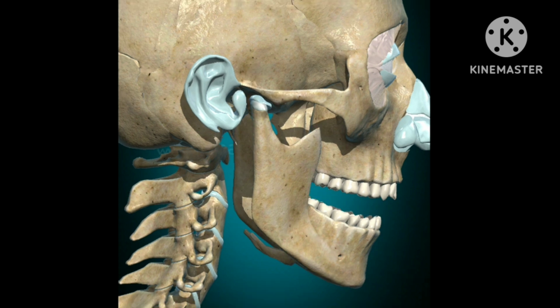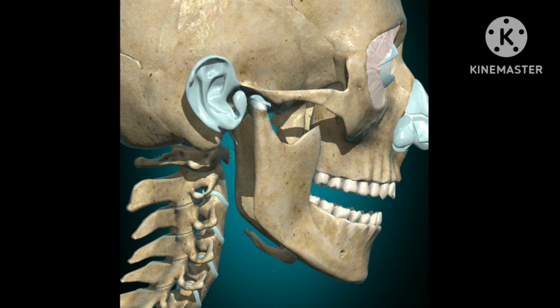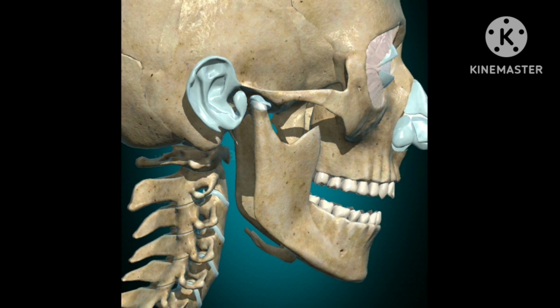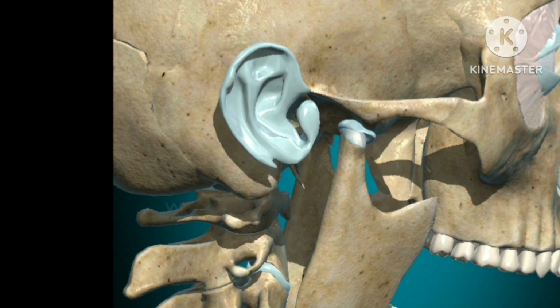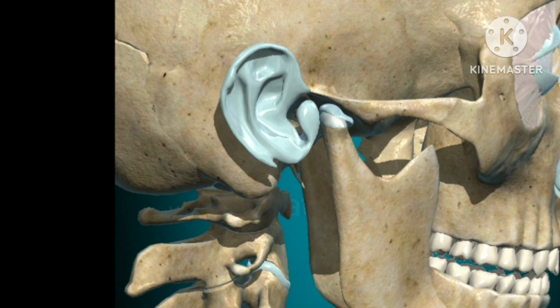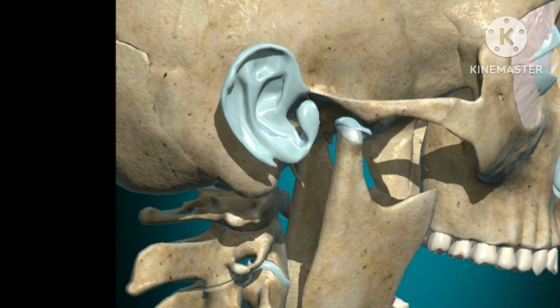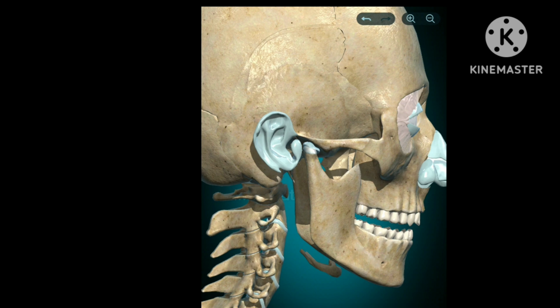After that, whenever the patient tries to open the mouth beyond 22 mm, here we can see the translatory movement, that is the condyle is moving down along the slope of the articular eminence. We can see the downward type of movement. This is how it is named the ginglymoarthrodial joint, because it undergoes both the rotation as well as the translatory movement.